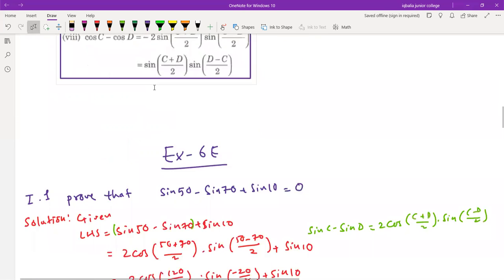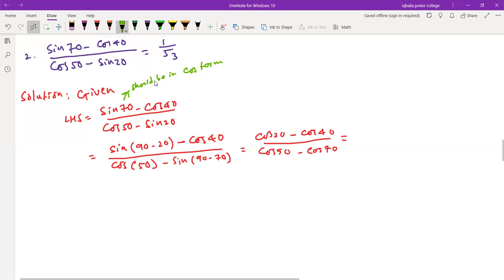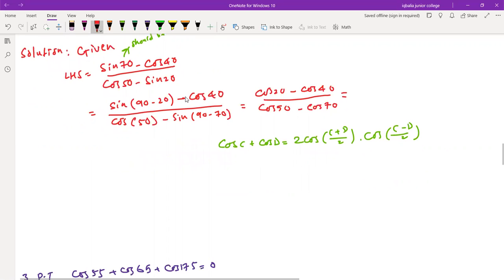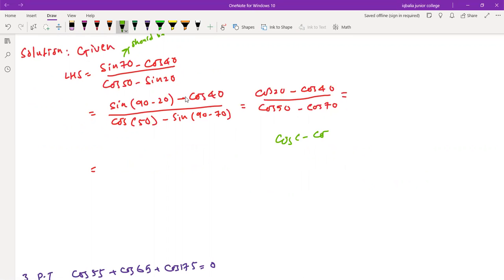Here we have minus, this is not cos C plus cos D, so we have to use the cos C minus cos D formula, that is nothing but minus 2 sin C plus D by 2 into sin C minus D by 2.